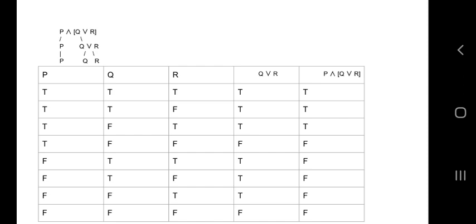So for the P column, we always want to do all of the true options and then all of the false options. So there are 8 rows, so you're going to go true, true, true, true, false, false, false, false. And for the Q column, you're going to go true, true, false, false, true, true, false, false. And then the R column will be true, false, true, false, true, false, true, false.